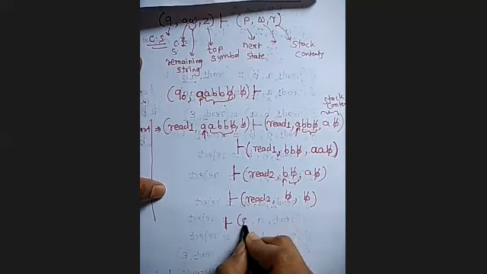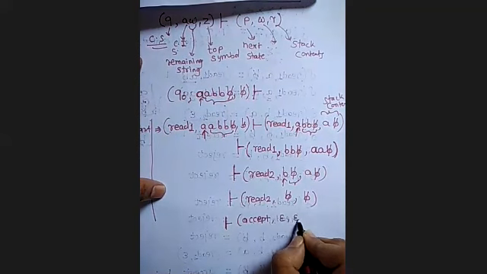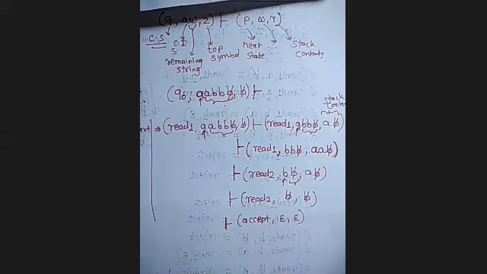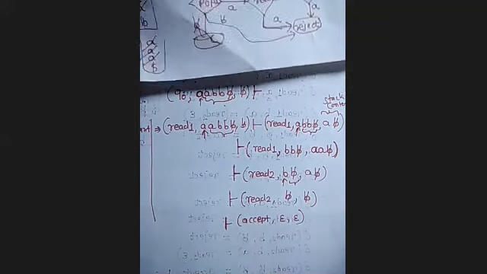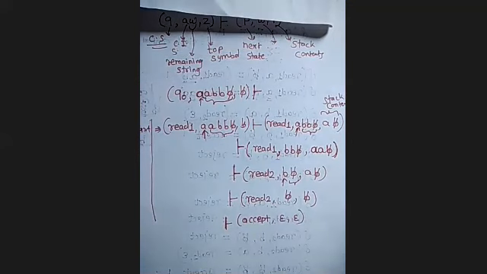Yes, accept. And this you can show as epsilon epsilon. Yes, so the input string is accepted. So this is the simulation that we have seen in the earlier example. You can show it here formally.